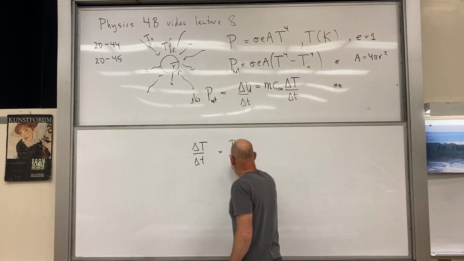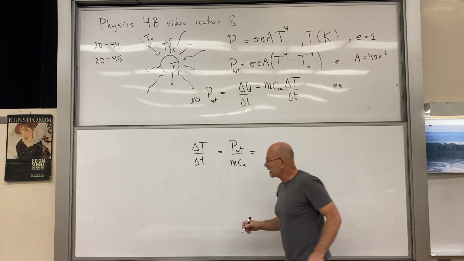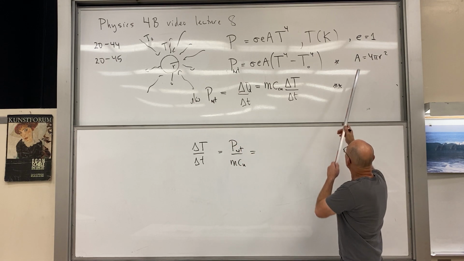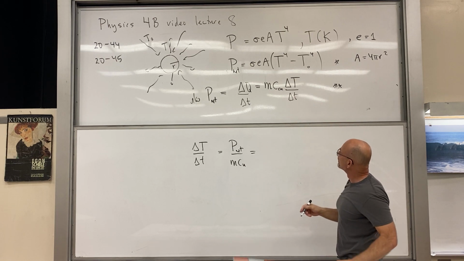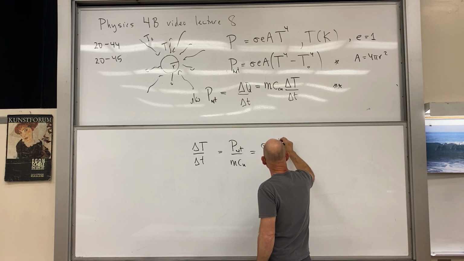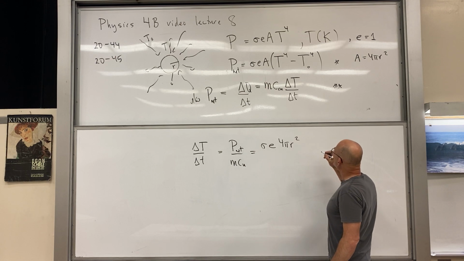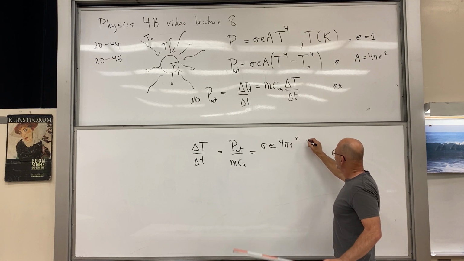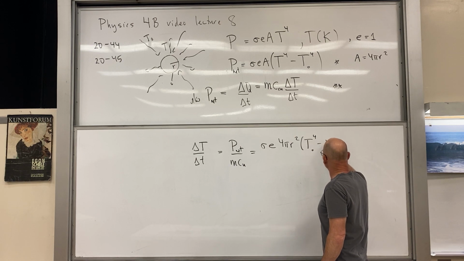And we can now plug in what we have here. We're going to keep the e's, I'm just going to leave e there, but e is equal to 1. So we have sigma e. The area is 4 pi radius squared. And then we have the T0 to the 4th minus T to the 4th.